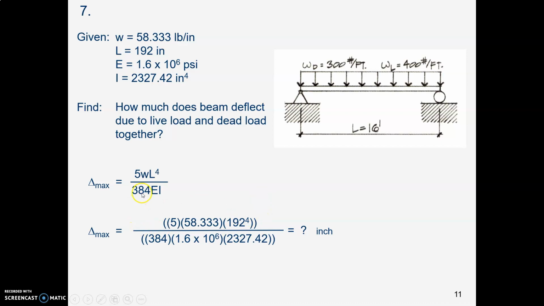Then on the bottom of the fraction, we've got the 384, the modulus of elasticity, and the moment of inertia that we looked up. And there, you'll come out with a number. I forget what it is, but it's in your quiz solutions. So there's the end of this quiz.